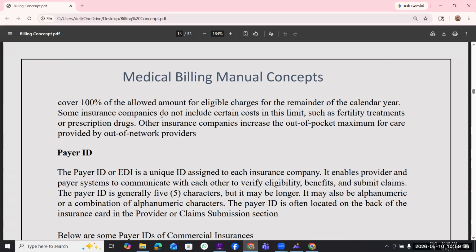Some insurance companies do not include certain costs in these limits, such as fertility treatment or prescription drugs. Other insurance companies increase the out-of-pocket maximum for care provided by out-of-network providers.